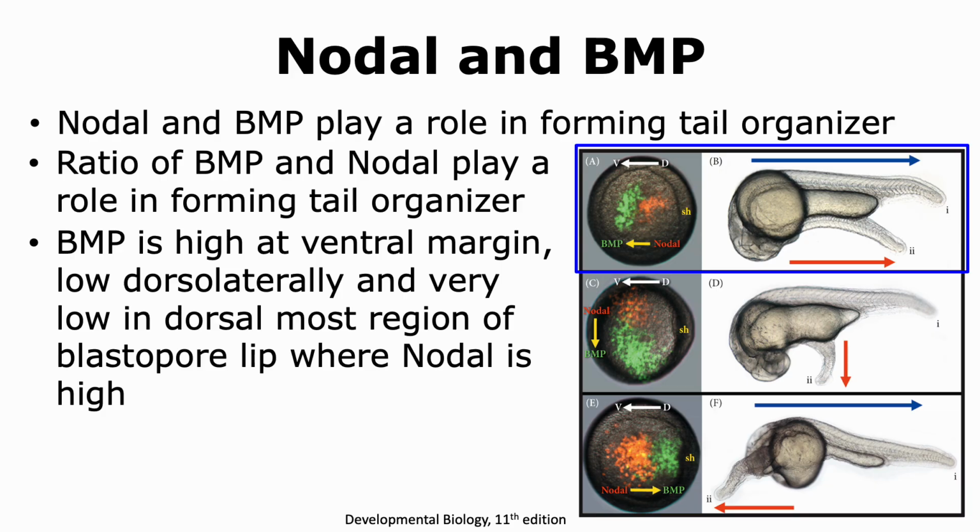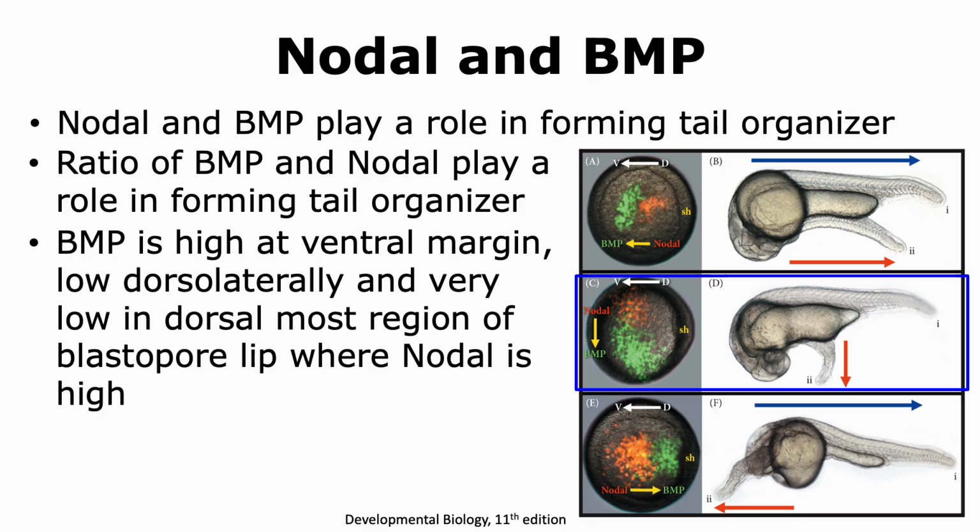That is what is seen in the top portion, the middle panel, where now the expression of nodal and BMP has changed its location in the embryo, and we can see that the tail formation, its axis is also different. And in the third panel, once again, when we have a change in the location of the nodal BMP expression, we can see that the tail axis has actually changed its direction.